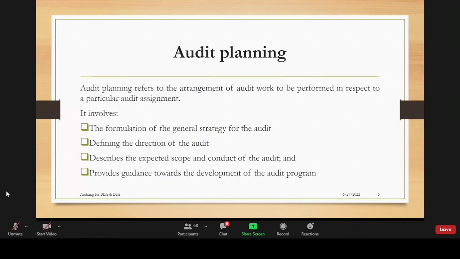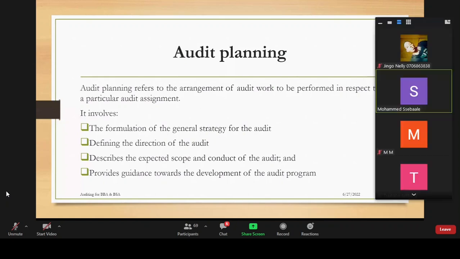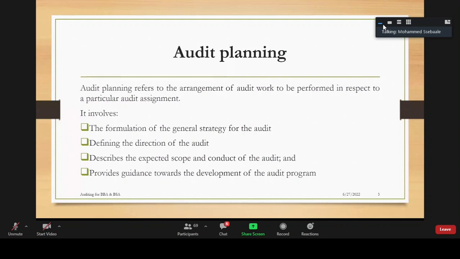What procedures are we going to employ? Are we going to stop at only the tests of control because we have ascertained the risk is not high, and even then, because the controls are working effectively? So when you do a plan, it gives you a more formulated and organized way of doing an audit.